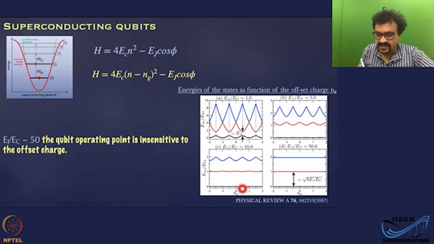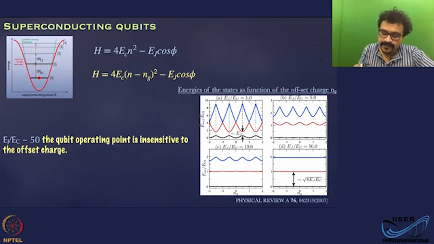Any small charge fluctuation can change the spacing. The spacing is maximum here and minimum here, but it's very easy to get a disturbance or change the state with a small fluctuation in the charge.